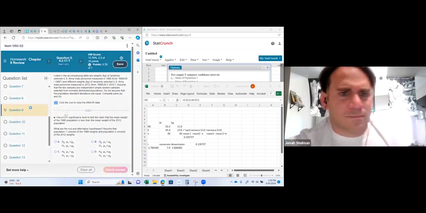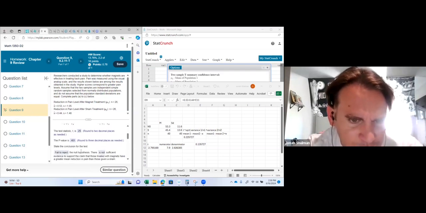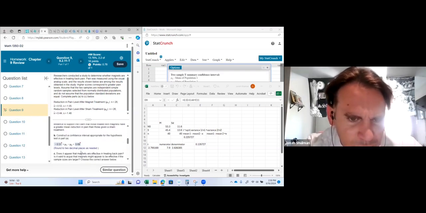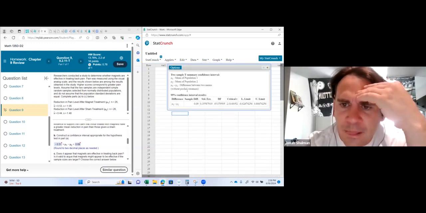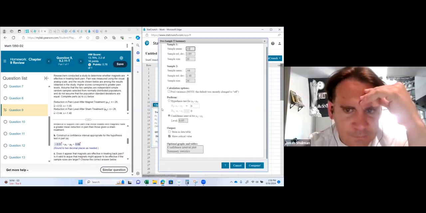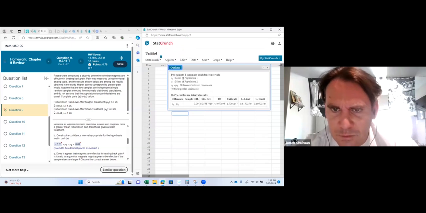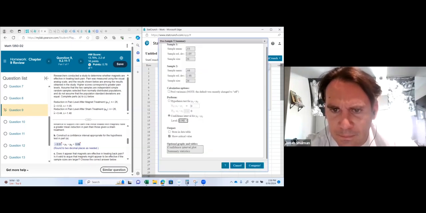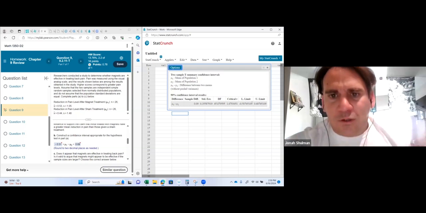Let me go back to this one. I know I got these right, but let's try to figure out how they got this confidence interval, just for fun. Options, edit. Let's see if this is set to 0.90. It was at 90%.